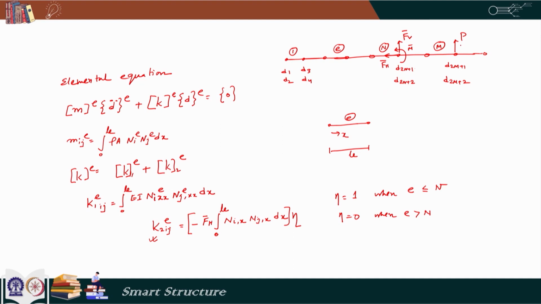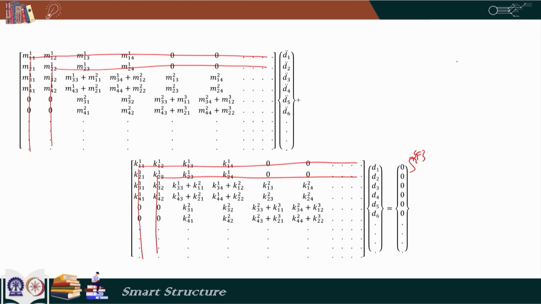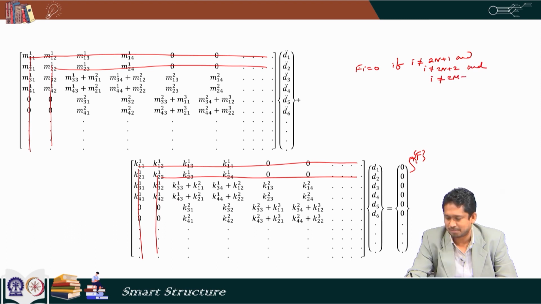and here I have force here. So, that corresponds to d 2m plus 1. So, accordingly, in the force matrix the definition goes like this: f I equals 0 if I is not equal to 2n plus 1 and I is not equal to 2n plus 2 and also I is not equal to 2m plus 1.